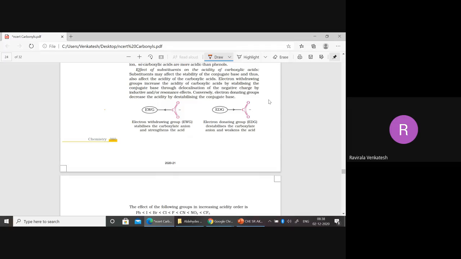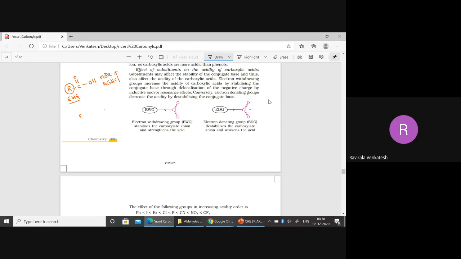Now, if you have a carboxylic group like this, R, C, double bond, OH, and if you have any electron withdrawing groups here, then this will get more acidic character. The acidic character here increases.